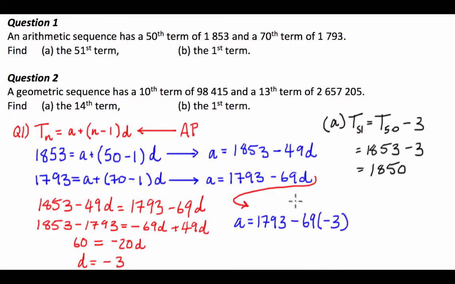And once we've put that into our calculators, we get a is equal to 2000. So for part B, we have the first term, t_1, is equal to 2000.